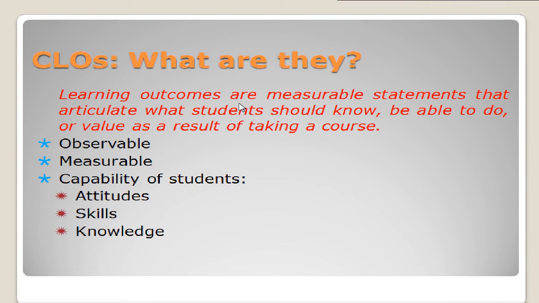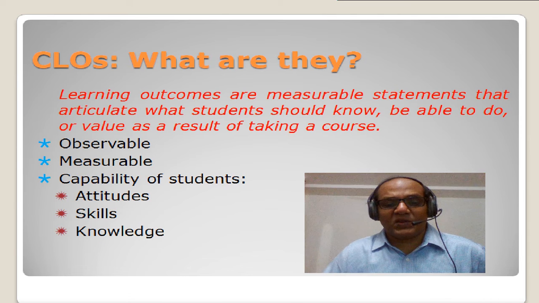Learning outcomes are measurable statements that articulate what students should know, be able to do, or value as a result of taking a course. If you see very minutely, the course outcomes should be observable statements.